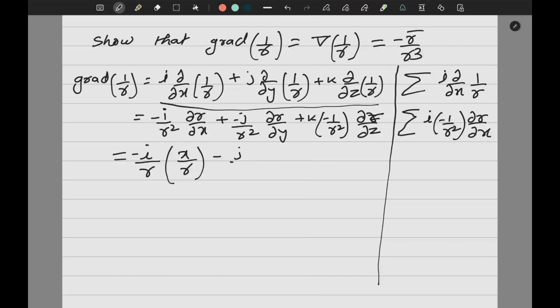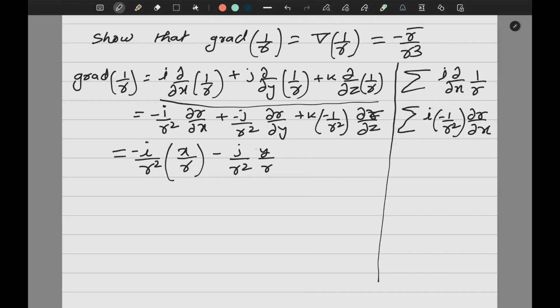Minus j by R square, y by R, minus k by R square, z by R. If I would do this, it will be minus i by R square, x by R.